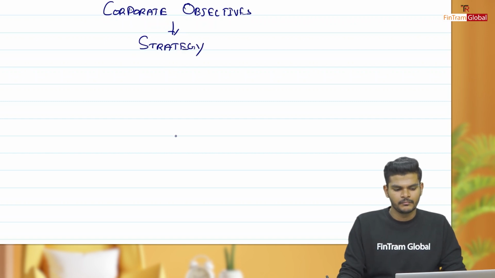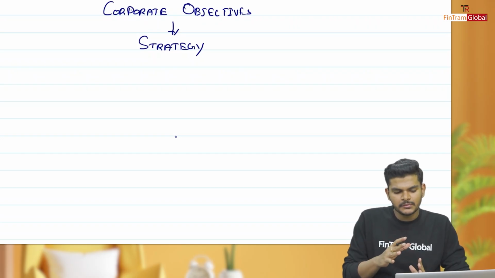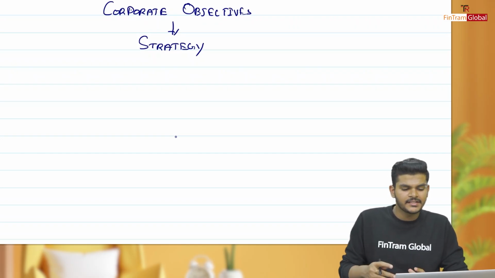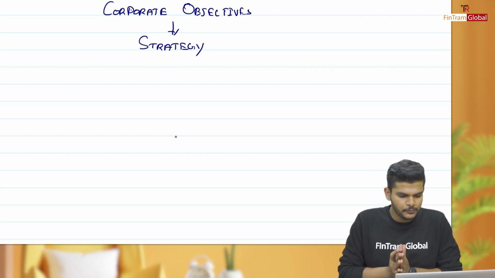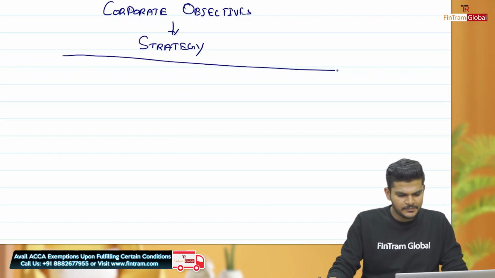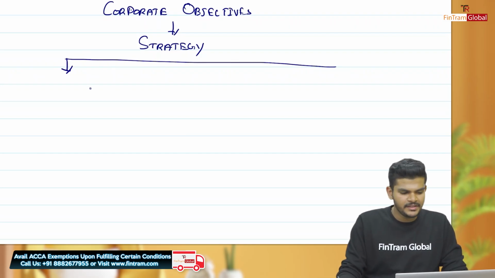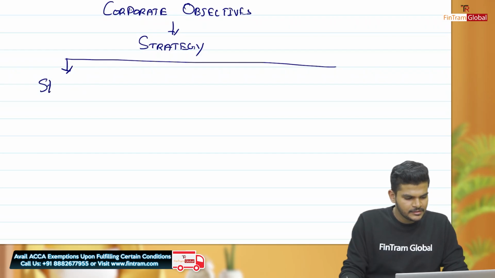Now, the next aspect. When it comes to strategies, there are several ways in which we can implement one, and that's basically a process. So there's a 3-step process in implementing a particular strategy, and my first step would be to conduct a strategic analysis.